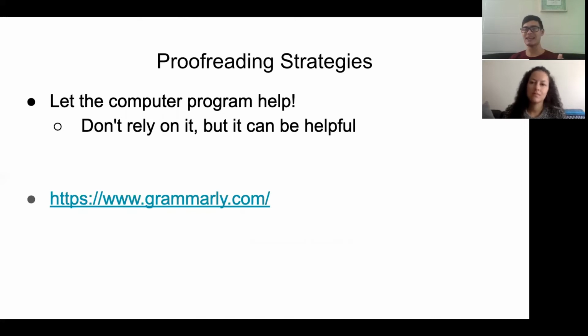And that could be so many things, from grammar to formatting to passive versus active voice. And to think that instead of having to read through the whole entire essay, you could have the computer go through it for you. So that way you can get through all of these easy mistakes in the first 5-10 minutes after using Grammarly, and then you can move on to the bigger things. And that's what it's for.